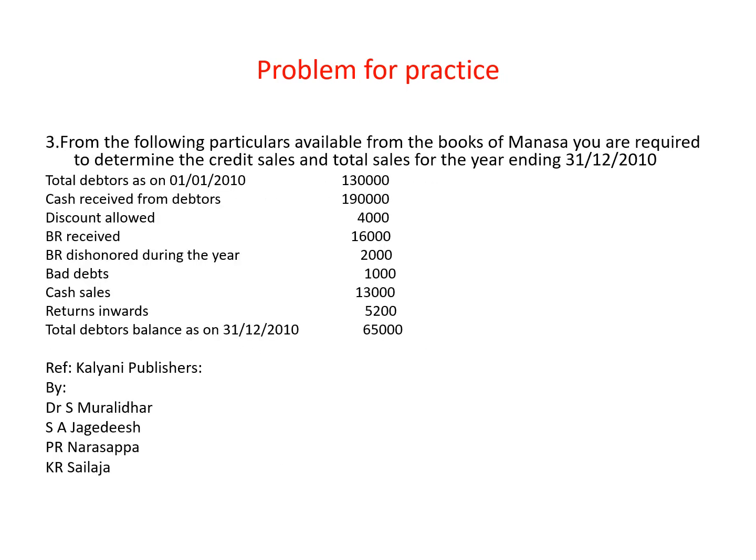The last question for you to practice on debtors and BR account is given here. From the following particulars available from the books of Manasa, you are required to determine the credit sales and total sales for the year ending 31st December 2010.